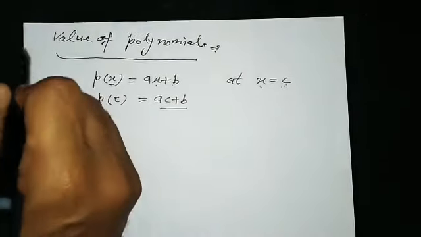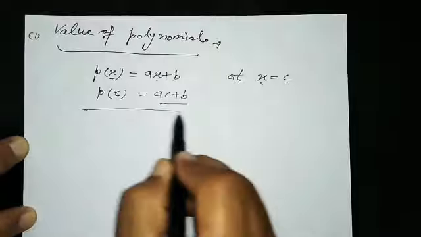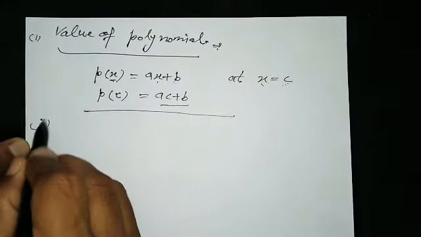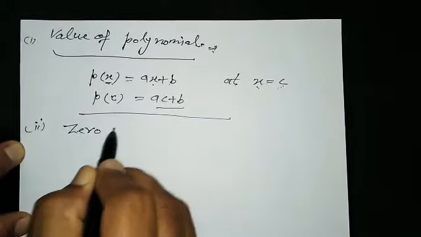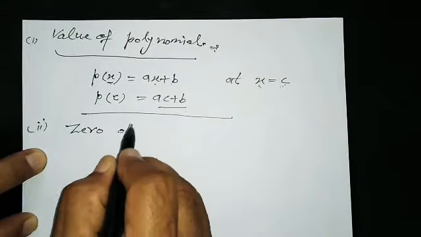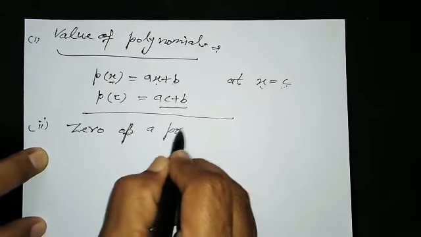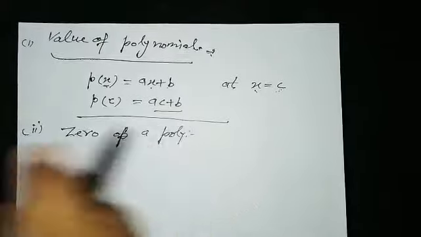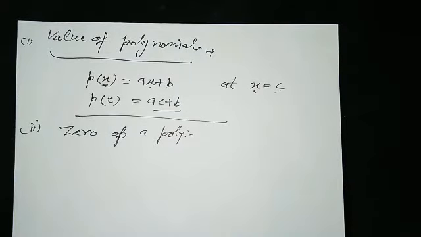Second point, this is the first one, zero of a polynomial. What is zero? Very simple.